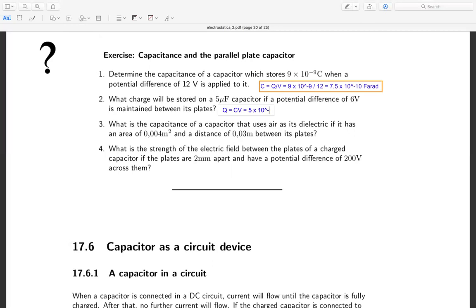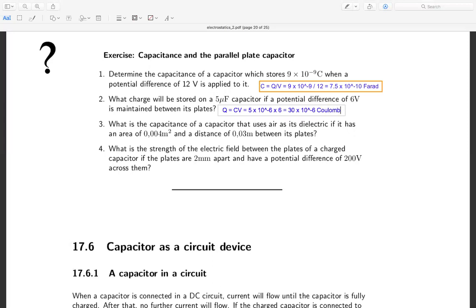So 5 times 10 power minus 6, times the voltage, 6 volts. So this is 30 times 10 power minus 6. This is in coulomb.